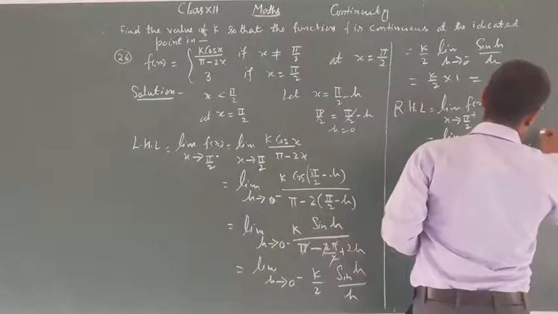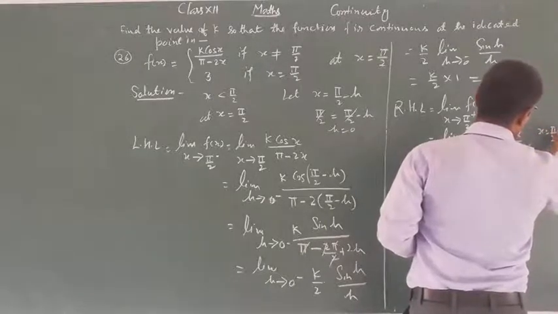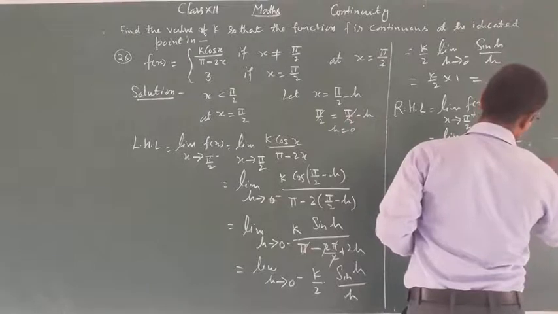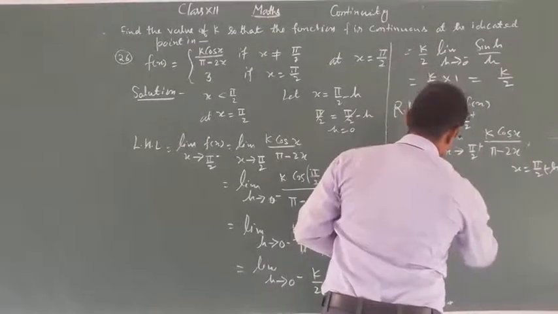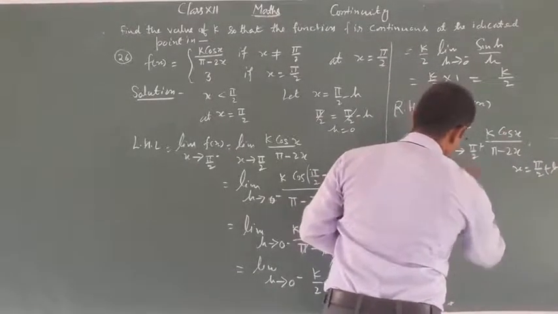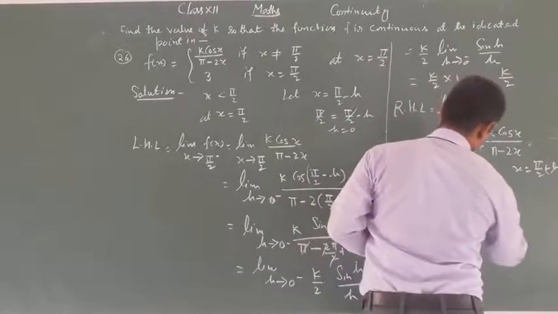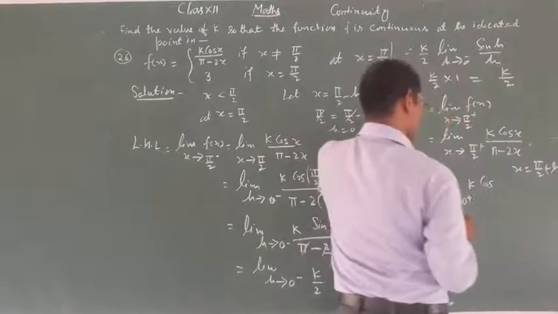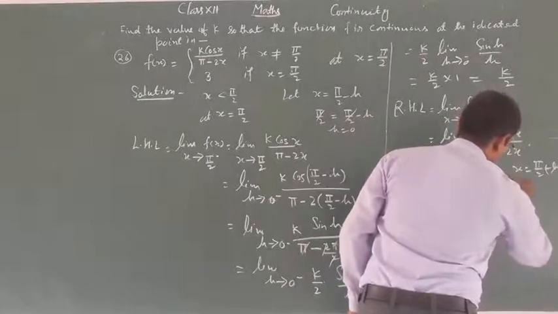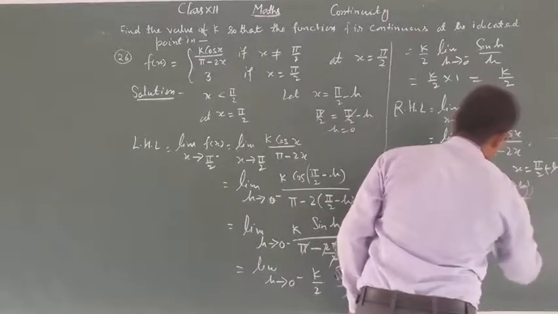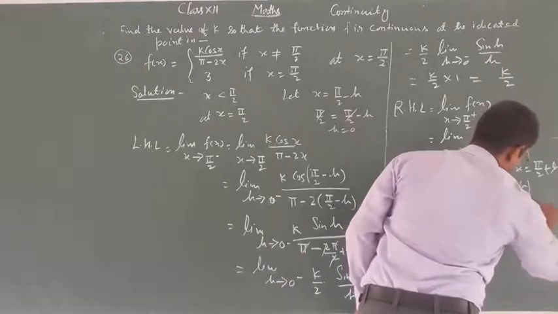Let x be equal to pi by 2 plus h. Then put here, limit h tends to 0, right hand limit, k cos of pi by 2 plus h upon pi minus 2 into pi by 2 plus h.